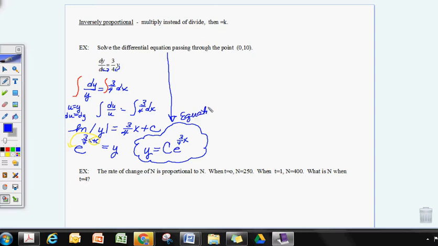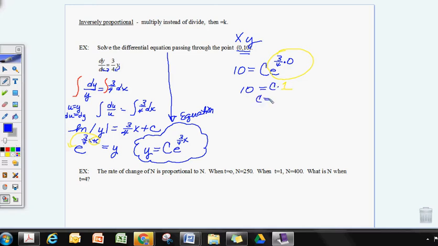So now it's asking through a specific point. This is my x value, this is my y value. So now 10 equals c e raised to the 3/4 power times 0. Anything raised to the 0 power is the number 1. So I have 10 would equal c times 1.